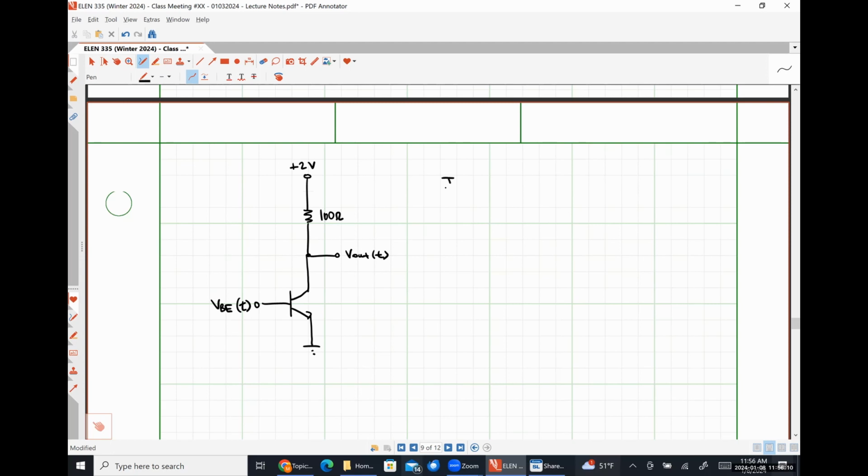And let's say that IS is equal to 3 times 10 to the negative 16 amps. Beta is equal to 100, and our input voltage is a DC voltage of 0.8 volts with a 1 cosine omega t millivolt signal superimposed on top of it, such that our goal is to figure out what our output voltage is.